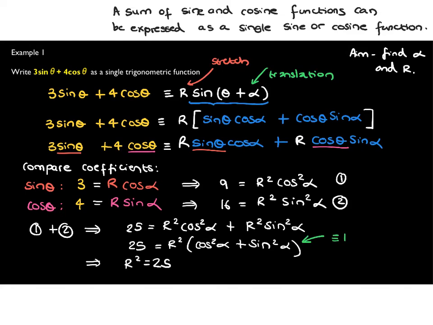Now, for simplicity, when we're working with problems like this, we're trying to find r and alpha. If you remember, we put some conditions on r and alpha to allow us to find the values in a unique way. So we're going to say that r has got to be greater than 0 and alpha has got to be between 0 and pi by 2 radians or 90 degrees.